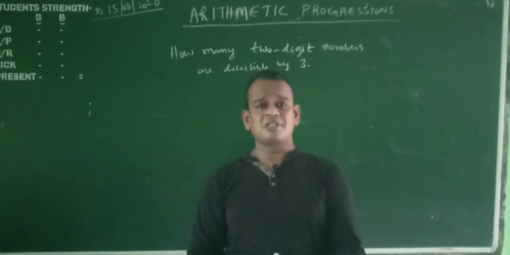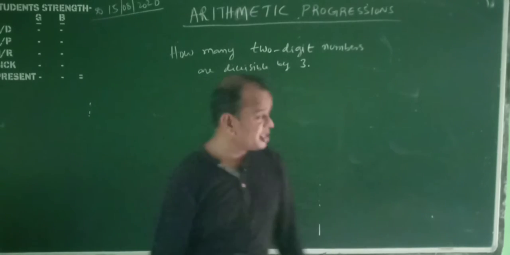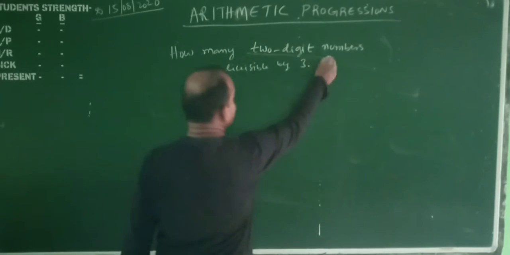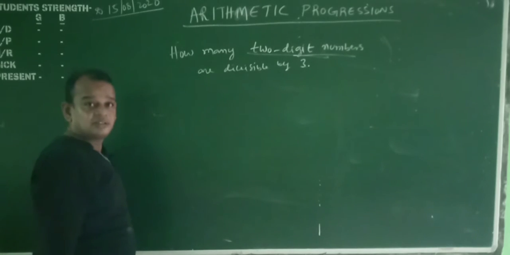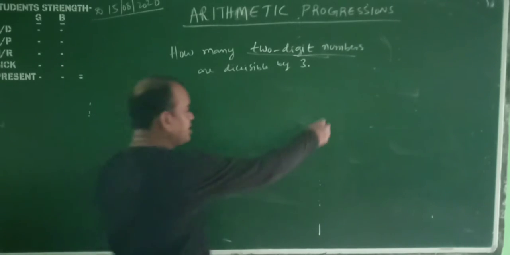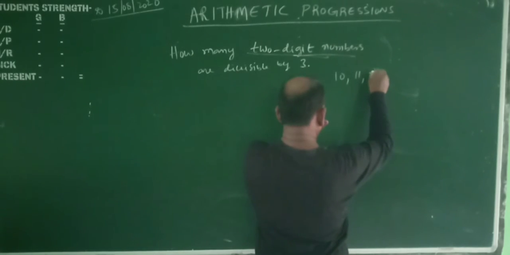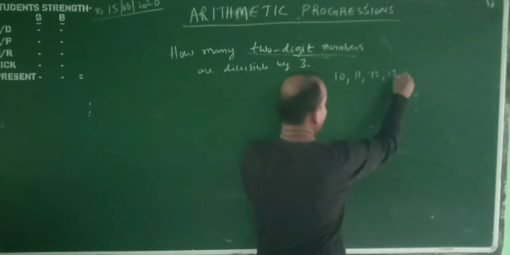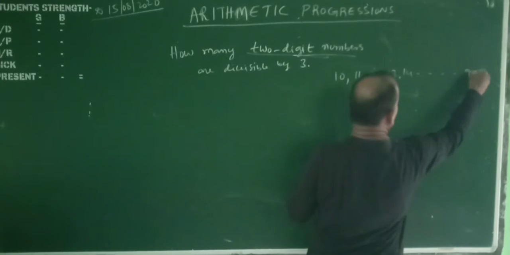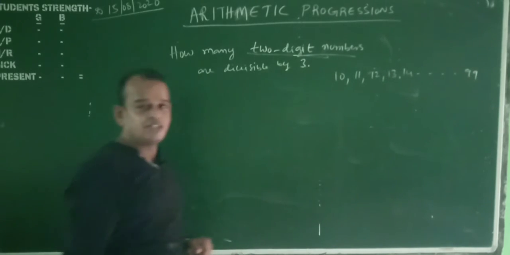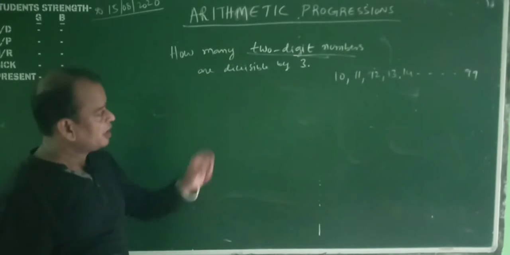You remember, 100%. Here it is asking only 2-digit numbers. Actually, 2-digit numbers are 10, 11, 12, 13, 14 up to 99 only. 10 to 99.